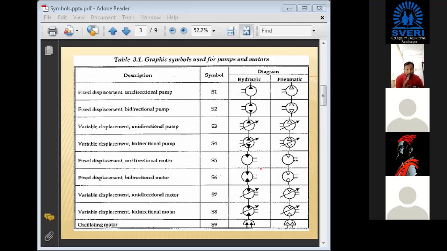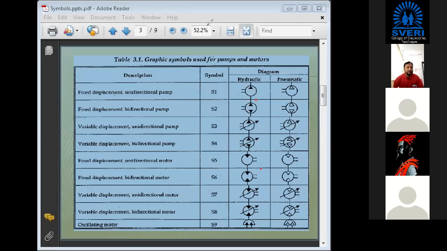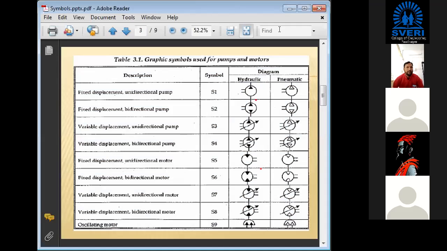You asked about the direction, no? See here. Please note down this one, Rushikesh. For pump, these two lines, you see, no? I will show these two lines.